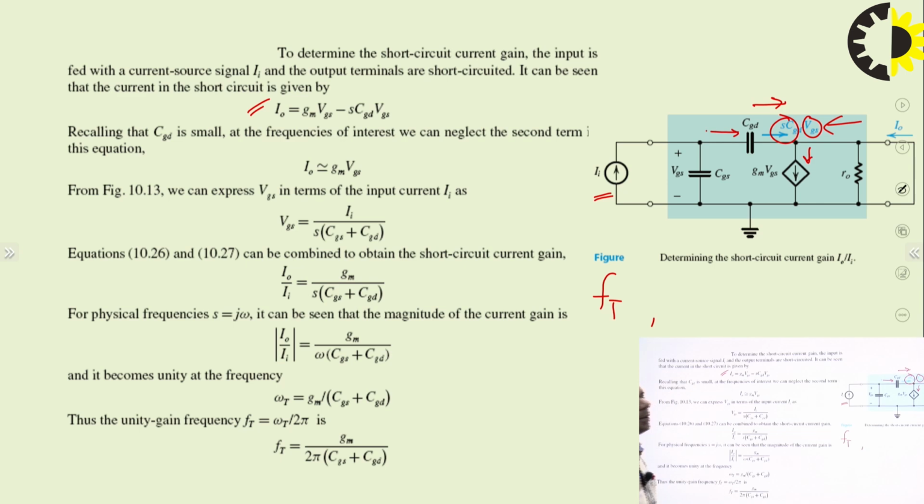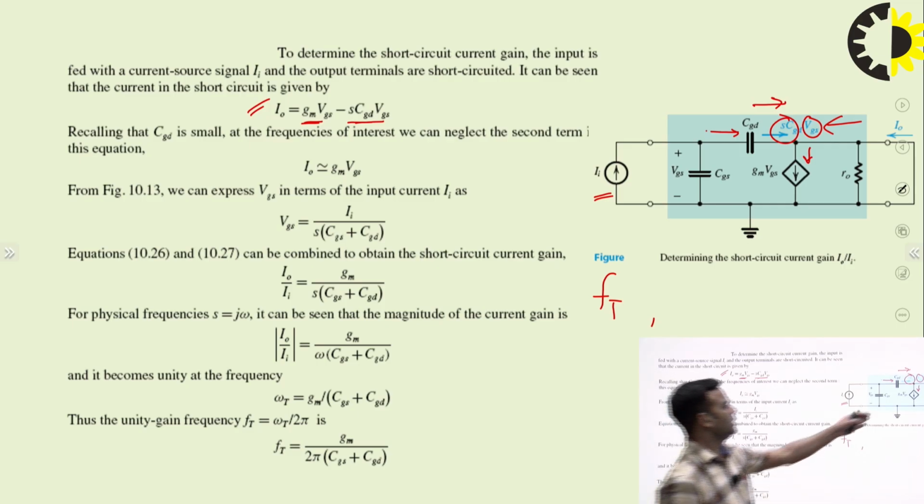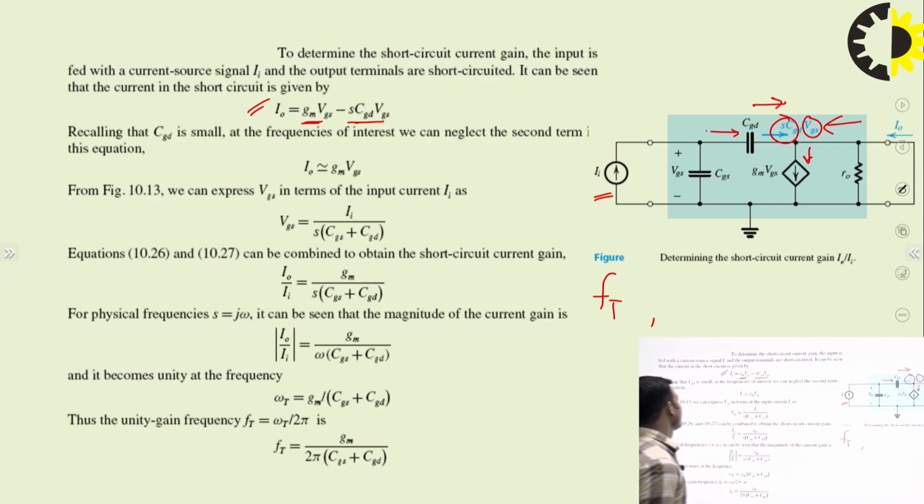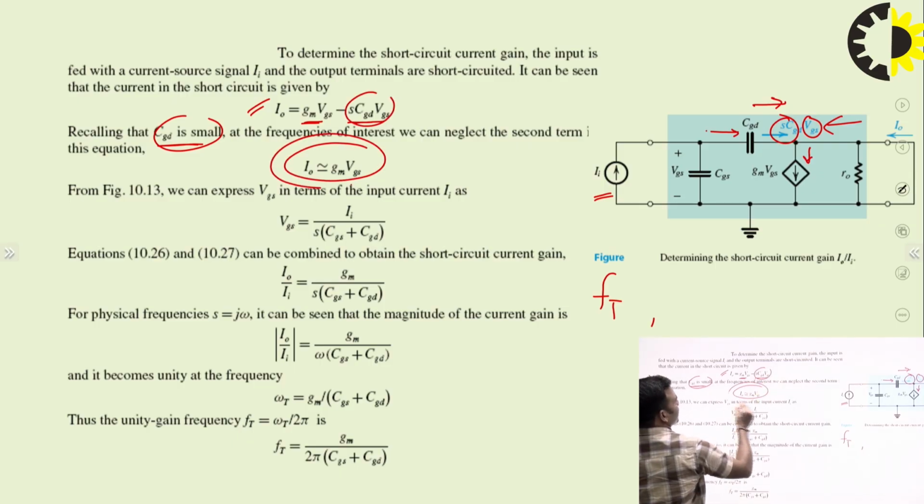If you apply KCL, then we can easily find that I0 is equal to gm VGS minus sCGD VGS, this current minus this current. CGD is very small at high frequency, so we can neglect this term and you can find that I0 is nearly equal to gm VGS.